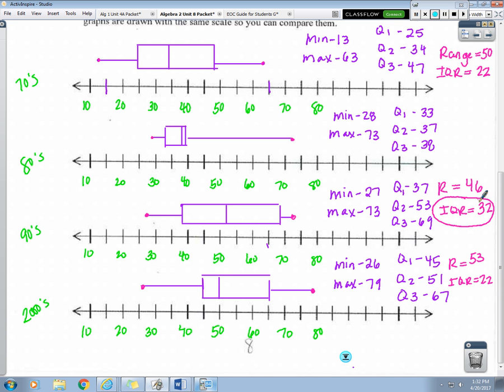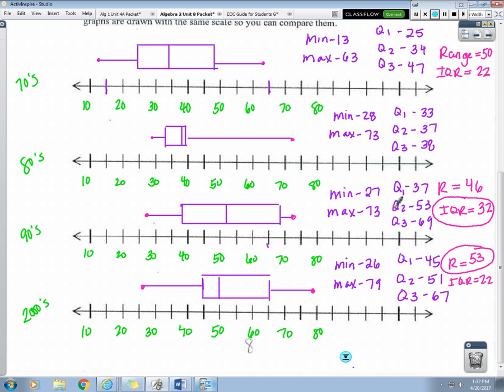And then this largest range, but I would look at interquartile range and say the 90s, because how much data is covered just in the interquartile range, just in the box? 50% of the data. So since that one has the largest interquartile range by a good amount, I would go with the 90s being the most diverse.